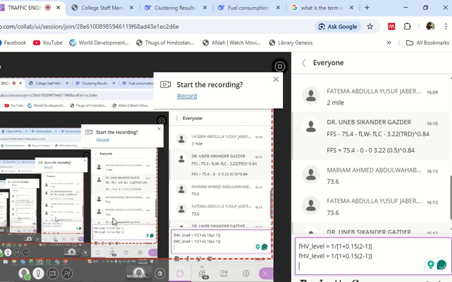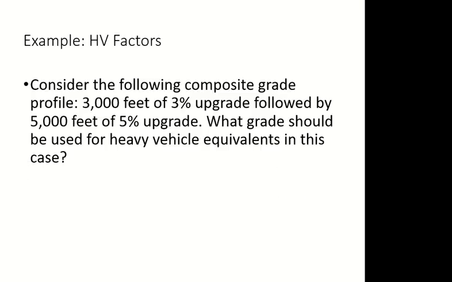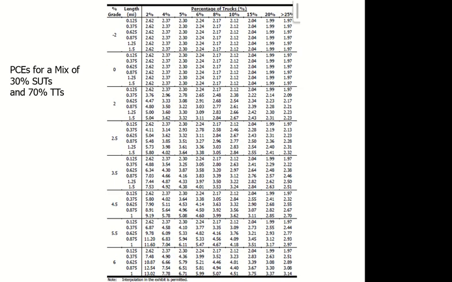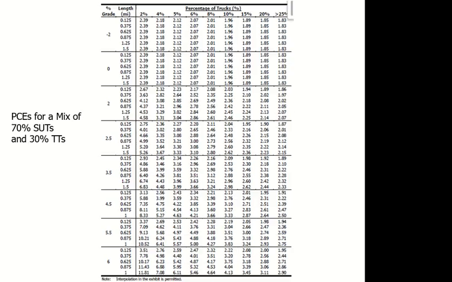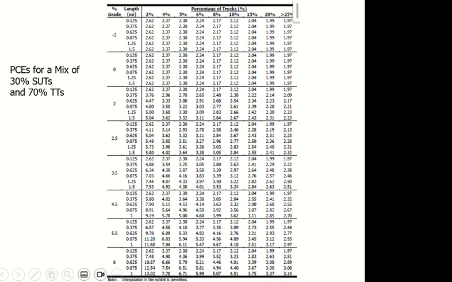Then for downward, for a 4.5% downward gradient, I have a heavy mix. Heavy mix is this one: 70% trailer trucks, 30% single unit trucks.